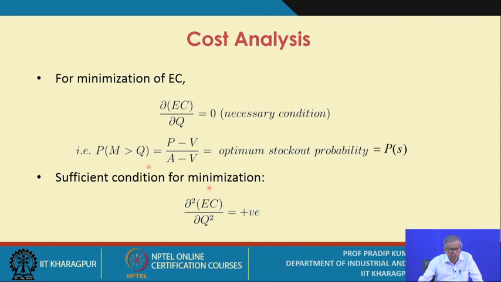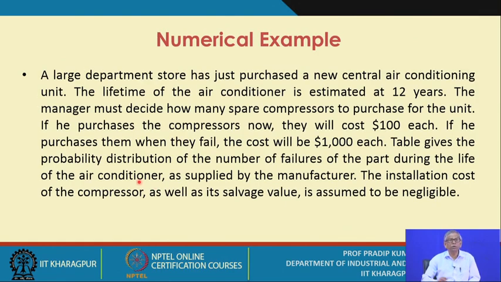So, you can also check whether the sufficient condition for minimization is fulfilled or not. Okay. Now, once you have established this equation, you know what the decision variable is, and you determine its value in such a way that the expected cost is held at a minimum level.